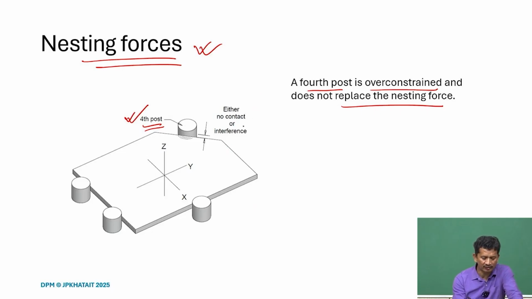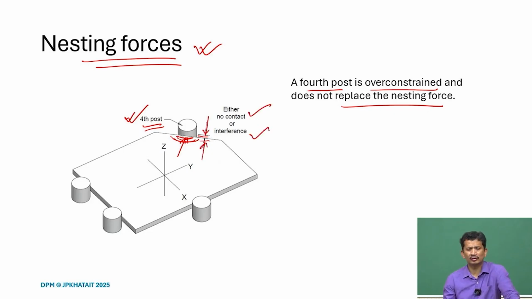We have to control the dimensions really well here, and so either of 2 things can happen. Either there will be interference, so it will be pressing the part, or there will be loose contact, there will be a gap here. So, either no contact or interference, both are not good, and it cannot provide sufficient nesting force. So, therefore, this is a bad idea, to use another contact just to get the nesting force.